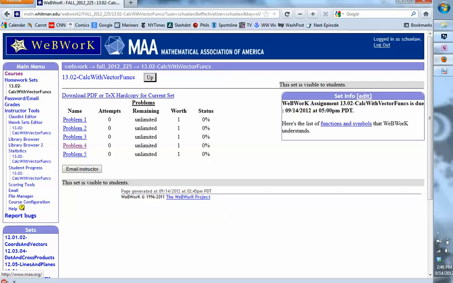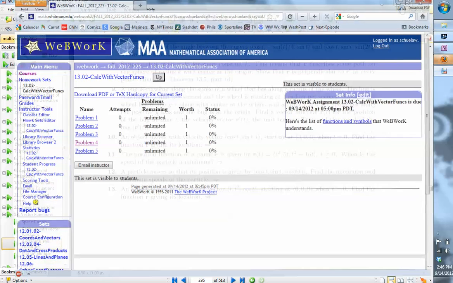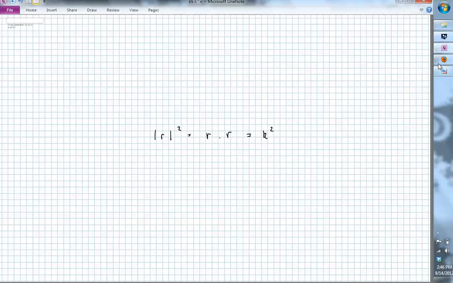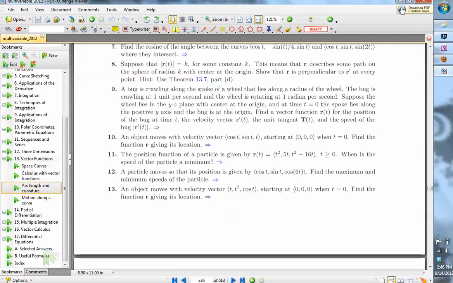All right. Today we're going to talk about arc length and curvature. Arc length is a really nice application of integration that we'll explore, and then we'll finish with a discussion of curvature.